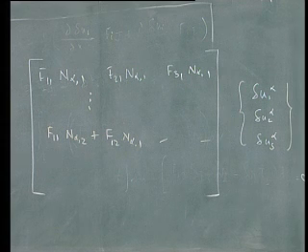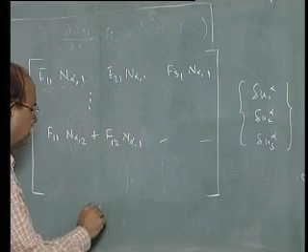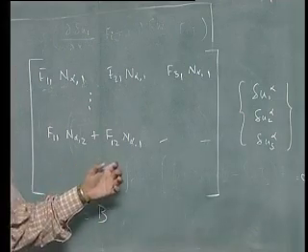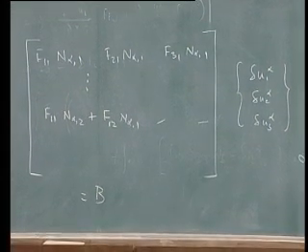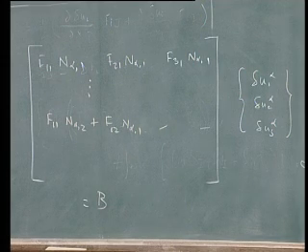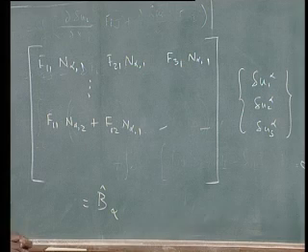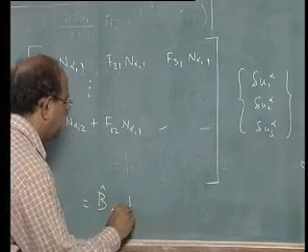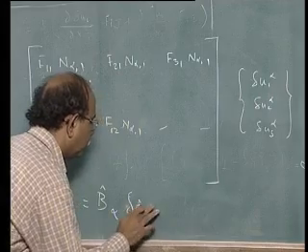Okay, forget about this, you can fill this up, it's not a problem. You can get this matrix from all standard textbooks; you can look at Zienkiewicz for this. But ultimately what we get is that this can be written as B alpha, one term alone, into delta U alpha.